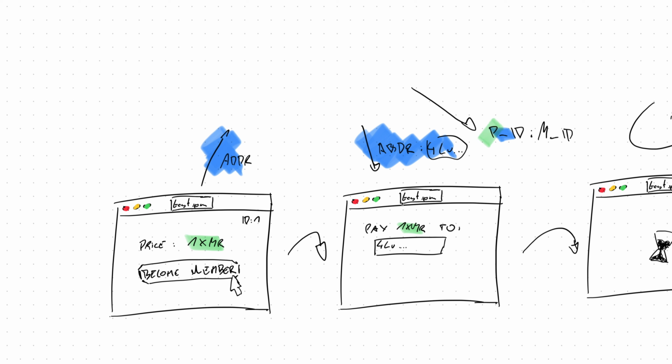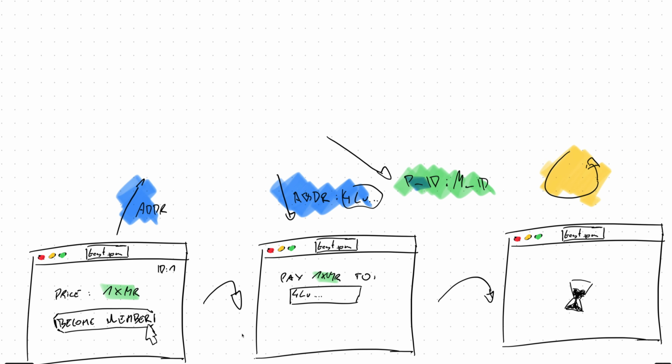We have to have something like a key value store, a database that stores the payment IDs and the member IDs that belong to the payment ID. We have to have something like a circular checking mechanism of the blockchain. And this checking mechanism has to trigger the done event. So it has to have a trigger that triggers the done event.